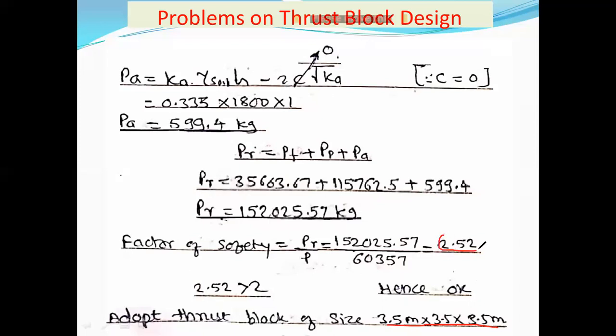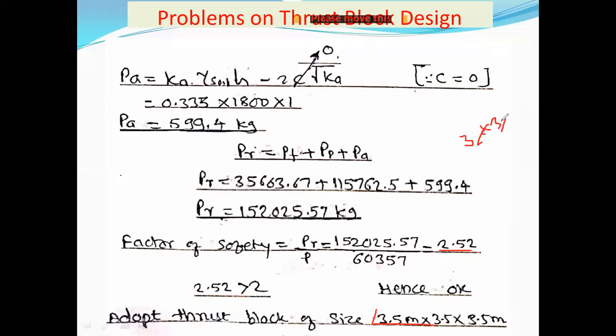If this value of factor of safety would have come less than 2, then in that case we have to increase these dimensions, or reverse is also valid, means now here these dimensions are okay, but if you want to reduce the size within this limit only, you can consider the dimensions as 3 meter by 3 meter by 3 meter.